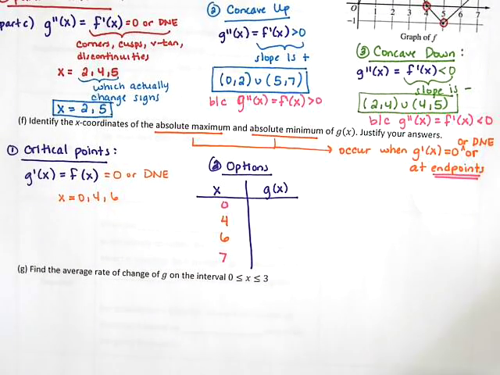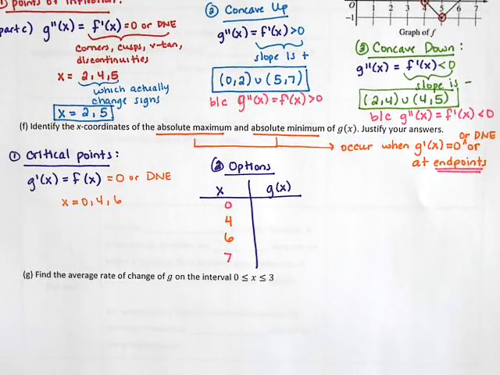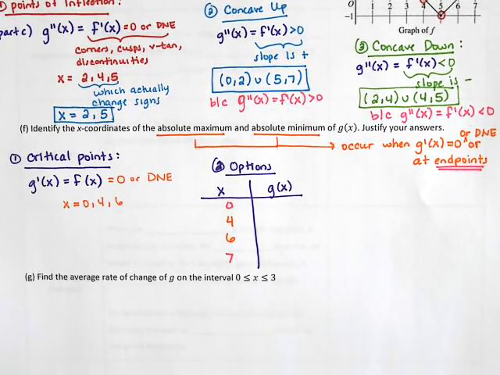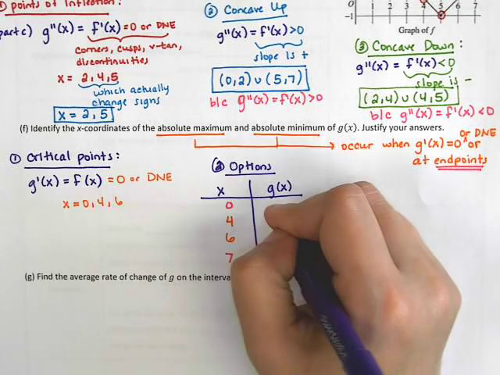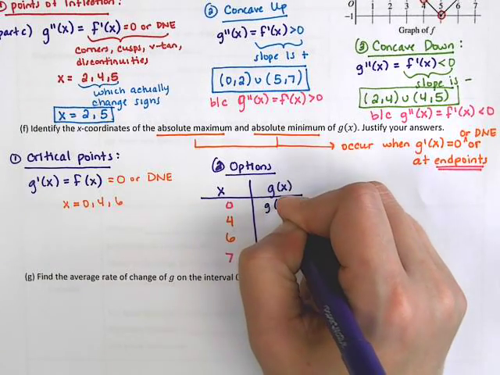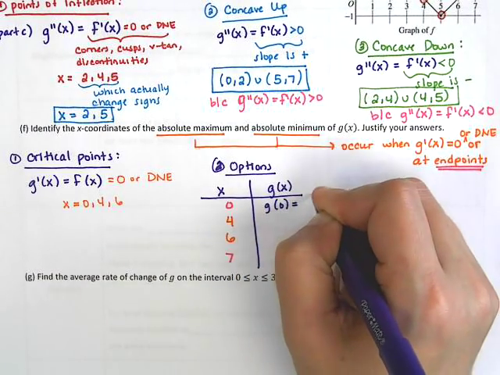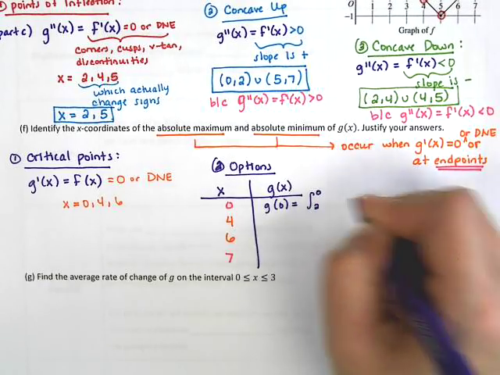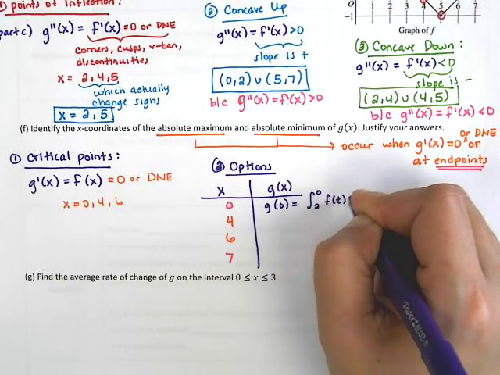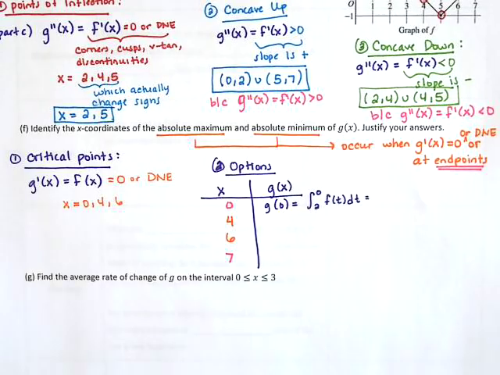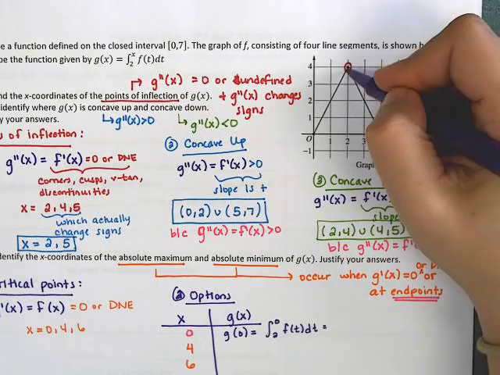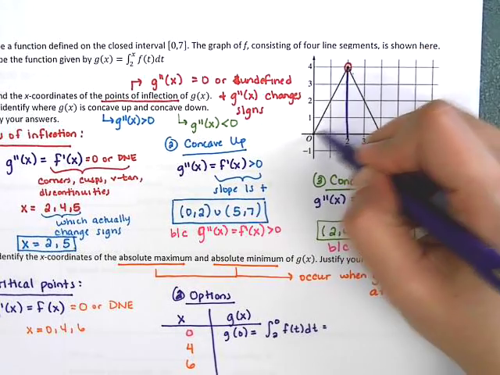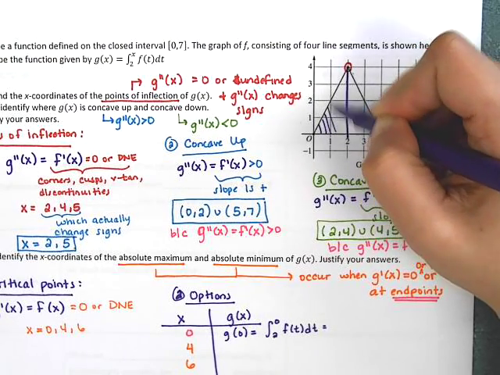To figure out the absolute maximum and absolute minimum, I need to know how high, or in other words, the y value of g, we actually go. So to figure out g of 0, I'm going to integrate from 2 to 0 my f of t function. Now on the graph, the integral from 2 to 0 would be this triangle.